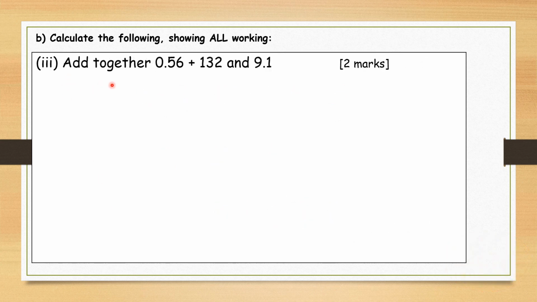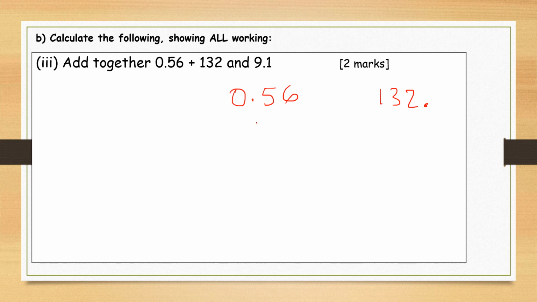Here we're going to add together 0.56 plus 132 and 9.1, for 2 marks. So we need to set up this question with decimal point under decimal point. So 0.56. Now 132, the decimal point will be behind the number.